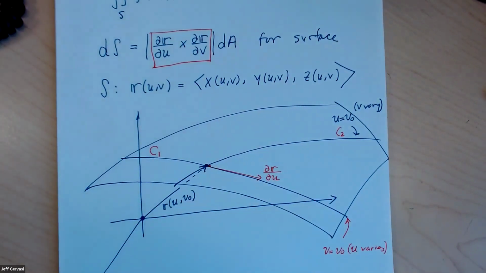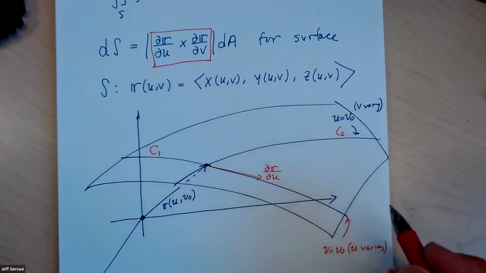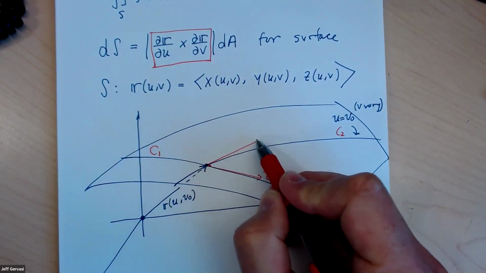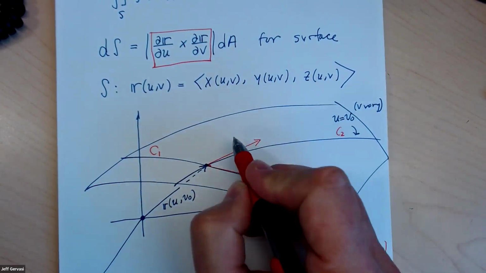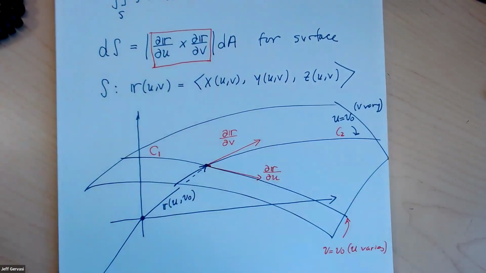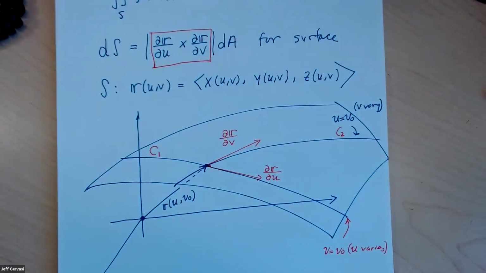That gives me a tangent vector at that particular point. Sorry, that was C1, this is C2. Along C2, in a similar way, we would call this tangent vector the partial of r with respect to v. See what I'm doing? I'm interpreting these in the context of tangent vectors.